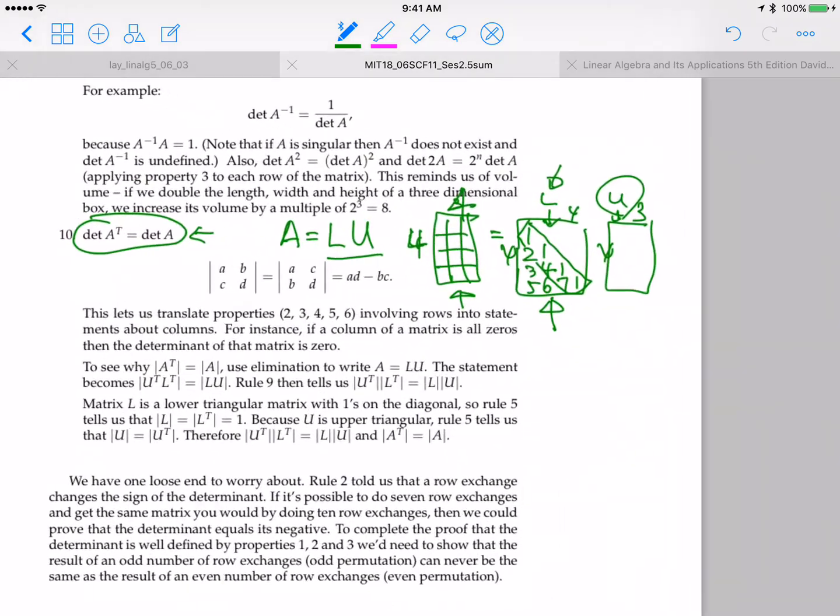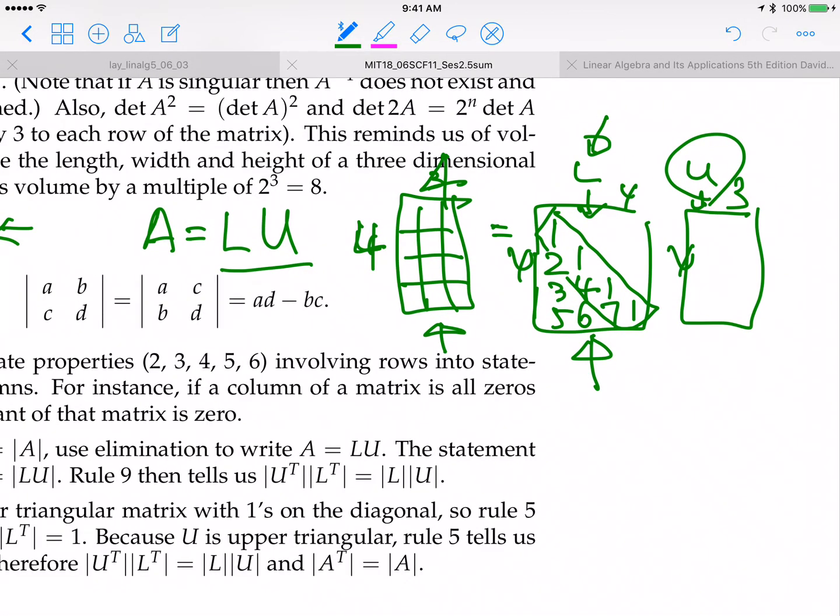And how can you prove that? We do row reduction to change it into a diagonal matrix, right? And what kind of row reduction are we using here among the three?